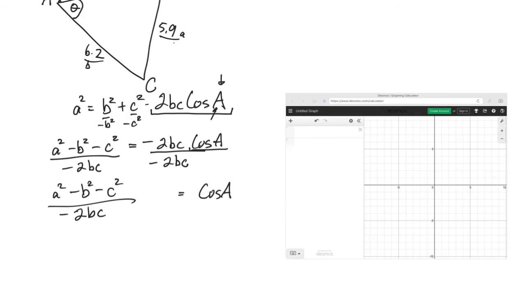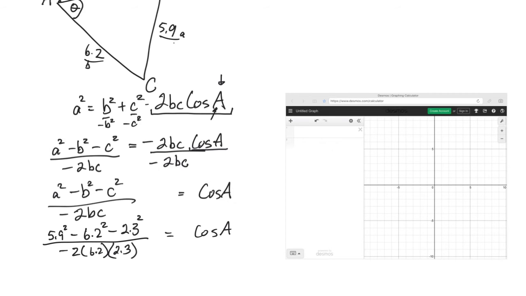A is 5.9, so 5.9 squared, minus B, which is 6.2 squared, minus C, which is 2.3 squared, all over negative 2 times B, which is 6.2, times C, which is 2.3. That is equal to cos A.